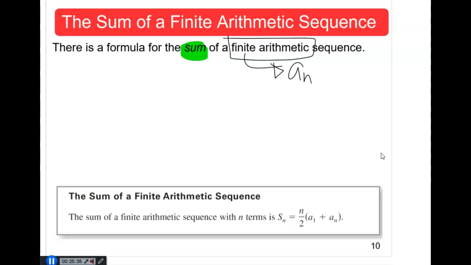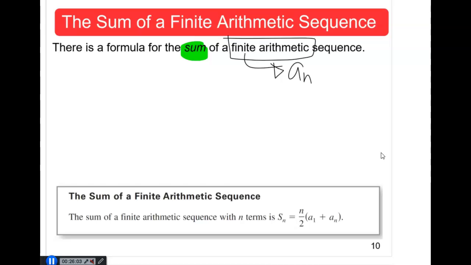Even if your sequence is infinite, the question could say something like, find the sum of the first 10 terms, or find the sum of the first 20 terms, and so on. So only for finite. When we look at the next section, we're going to learn a formula to add finite and infinite, but of a different type of sequences. But let's not get into that yet.